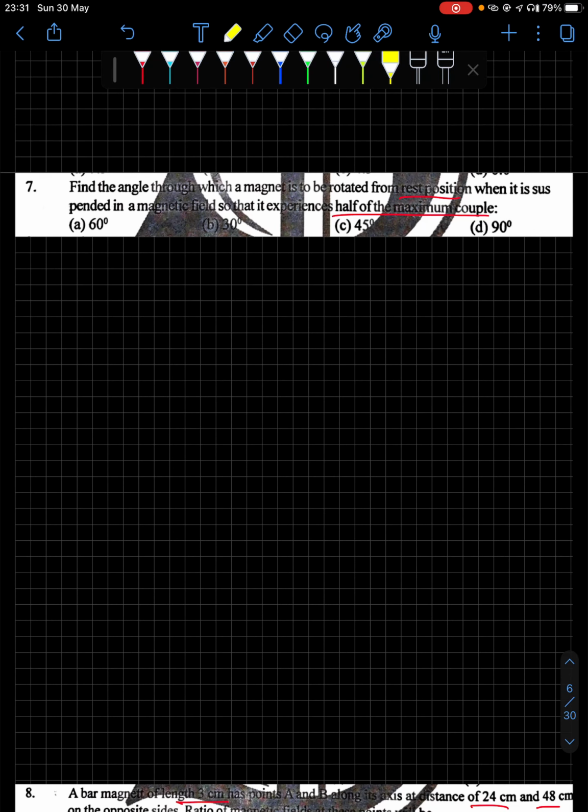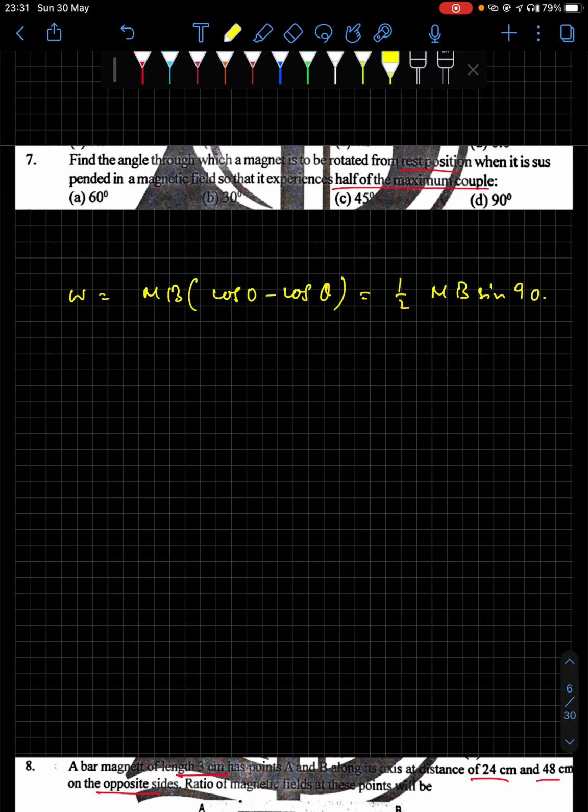So your work done is W equals mB into cos 0 minus cos theta, as you are taking it from rest position to an angle theta. And for that, half of tau is half of mB sine 90. I hope you understand the equation here. Initial position is 0, therefore you are rotating by angle theta.